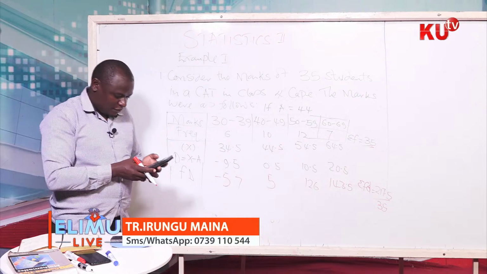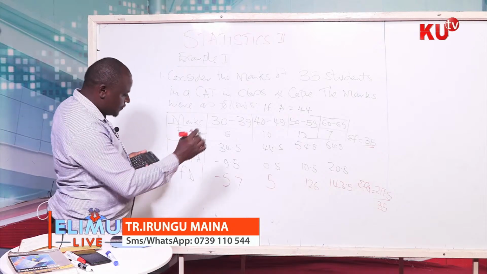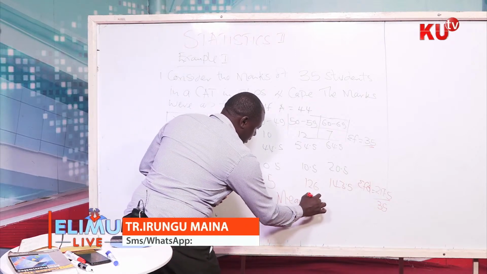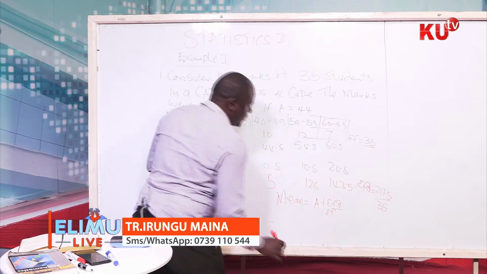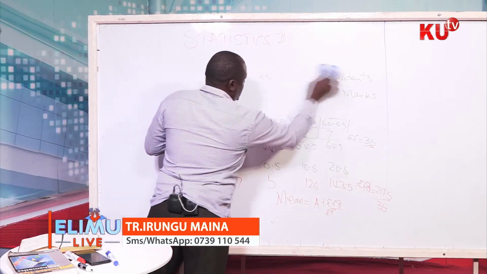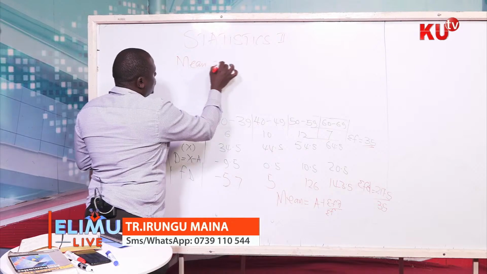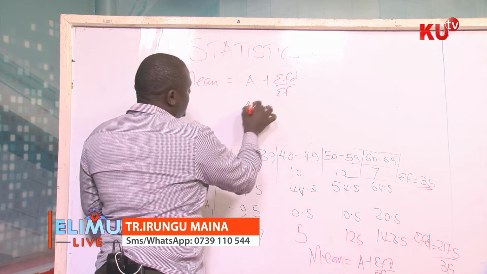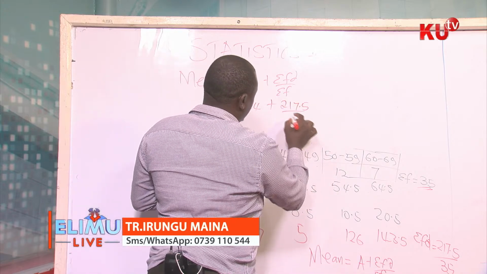If you divide that by 35, you will notice that your class mean, no, that gives us one part of FD, and therefore our mean shall be A plus summation of FD divided by summation of F. If you allow me to rub a part of the upper part, then class, you will notice that our mean equals A plus summation of FD over summation F, and our A is already given as 44, plus summation of FD is 217.5 all over 35.